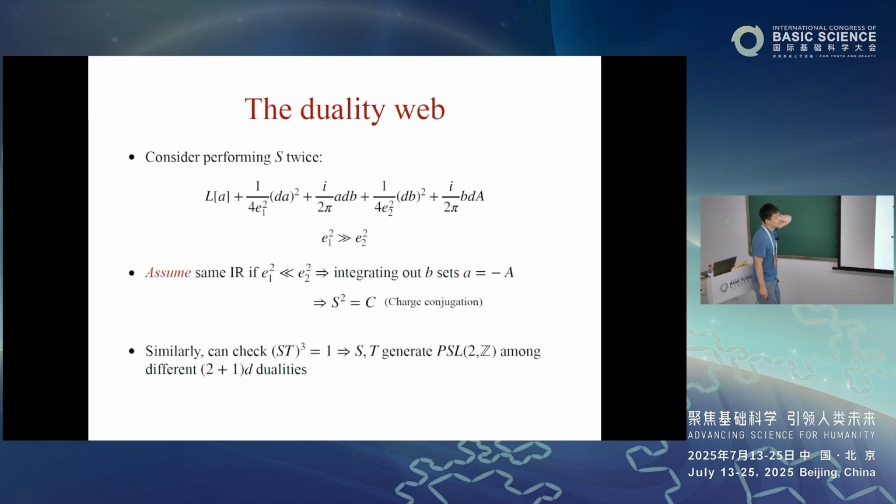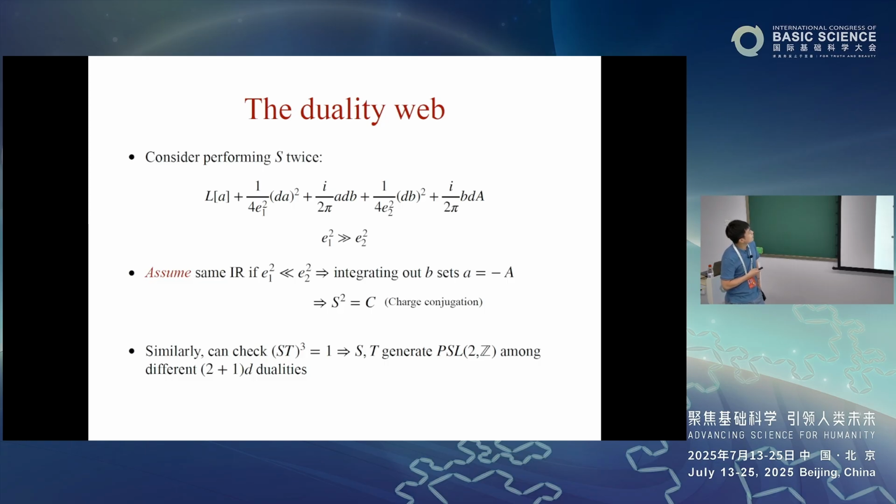Actually, let me make a remark about some subtlety in this procedure. One thing we often do is consider performing this S operation twice. So if we do it very carefully, and this is a rare occasion where I want to do things a little bit carefully, suppose I perform S once. What does that mean?